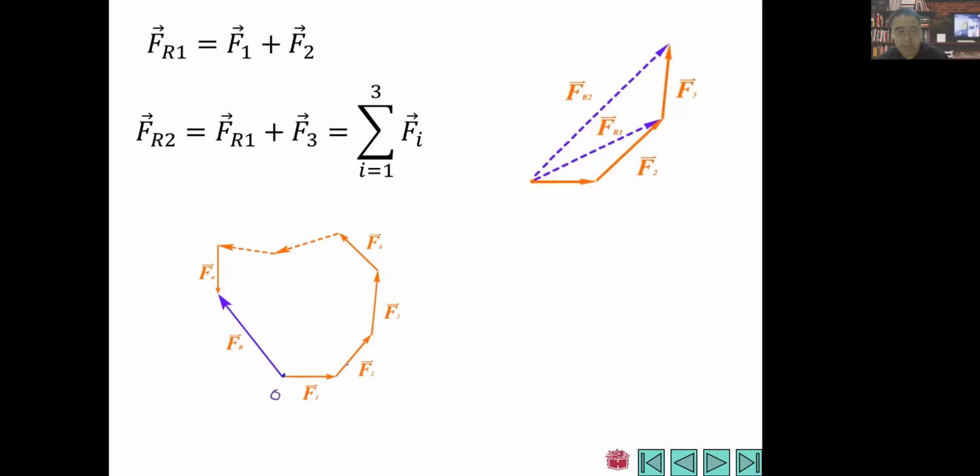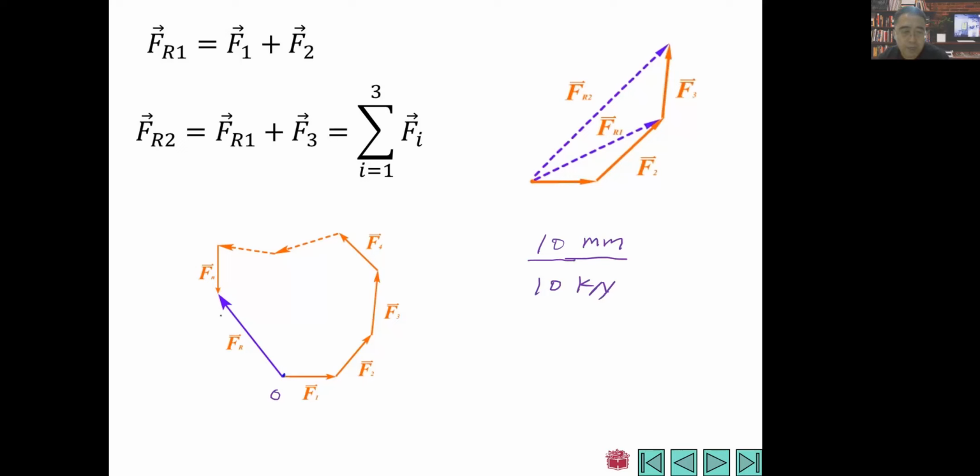We have F1, F2, F3, and each time we use this length to denote the actual magnitude of F1. Actually, we should select a ratio, maybe like this. We use 10 millimeter to denote 10 kilonewtons, right? And this direction also should have the same direction as the corresponding force. So F1, F2, F3, F4, until we draw Fn.